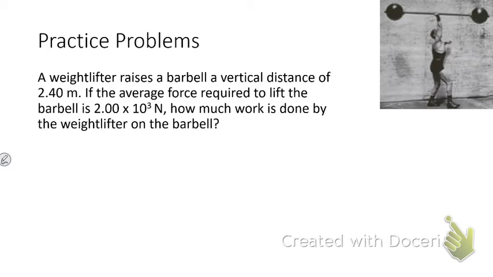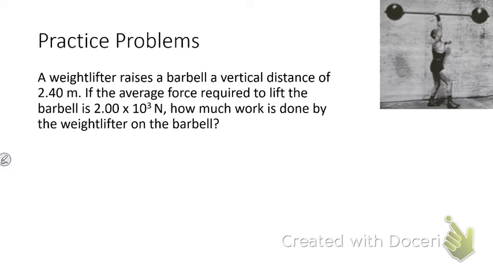So, a weightlifter raises a barbell a distance of 2.4 meters. This is a word problem. What is the first thing we do when we have a word problem? Yeah, write down the variables. What do we know?